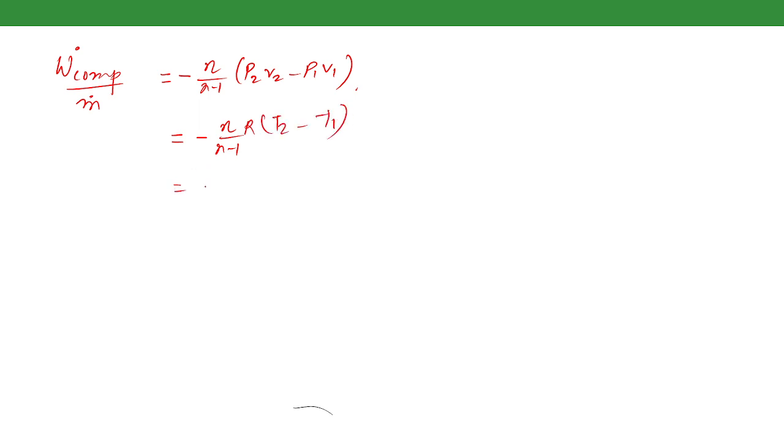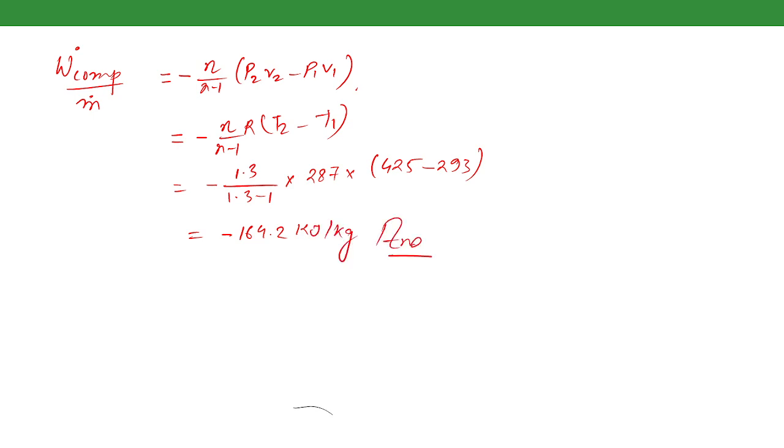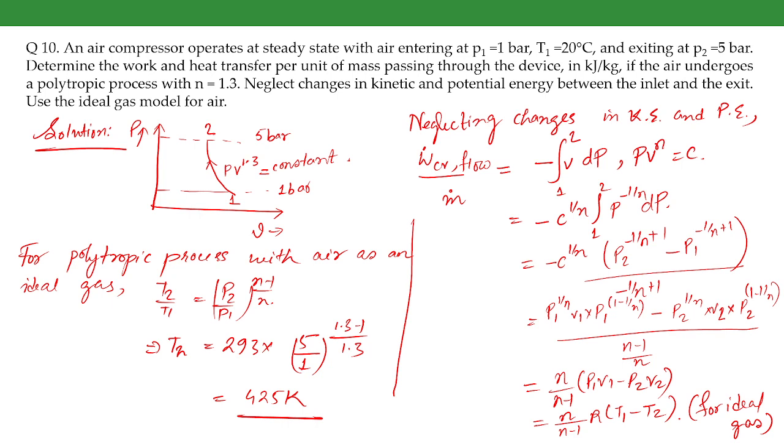So this is equal to minus 1.3 by (1.3 minus 1) multiplied by 287 multiplied by (T2 minus T1), that is 425 minus 293. This value comes out to be minus 164.2 kilojoule per kg. So this is the specific work input to the compressor for this process.